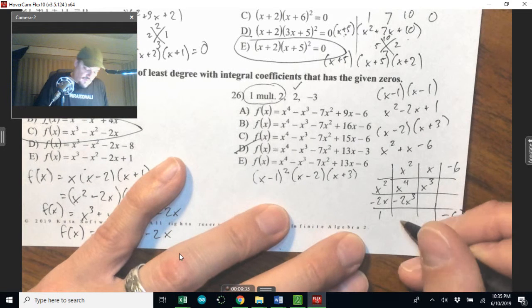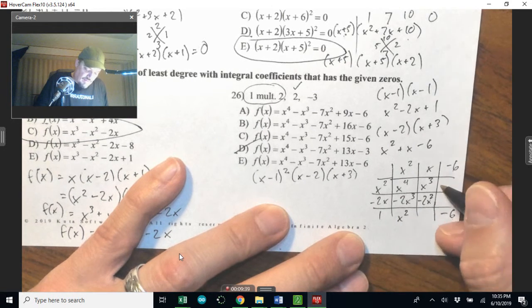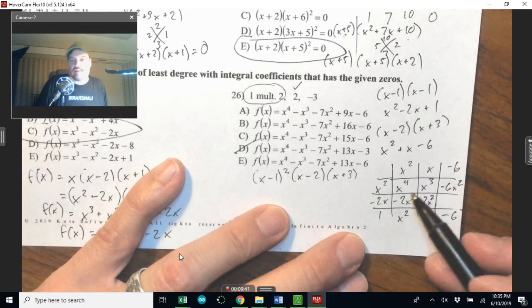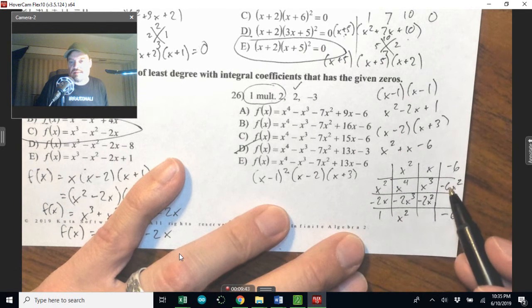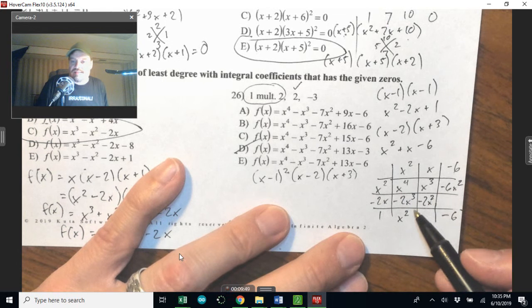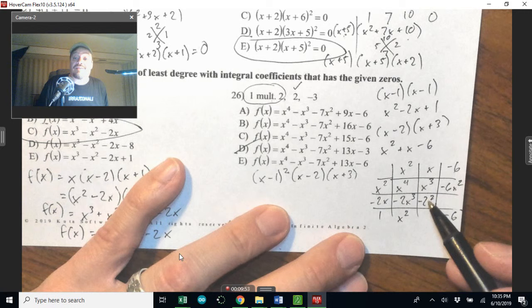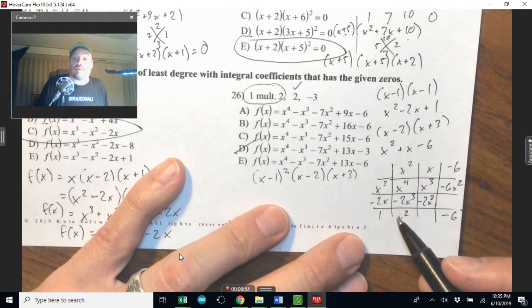The next diagonal would give me x to the second. This would be negative 2x squared, and that would be negative 6x squared. Alright, I'm just multiplying this times this, this times this, and this times this. This diagonal, notice that they're all like terms. If I add them together, that's negative 8 plus positive 1 is negative 7.